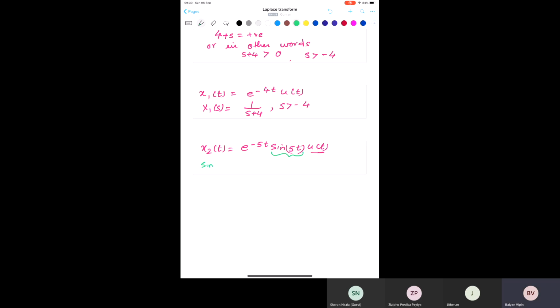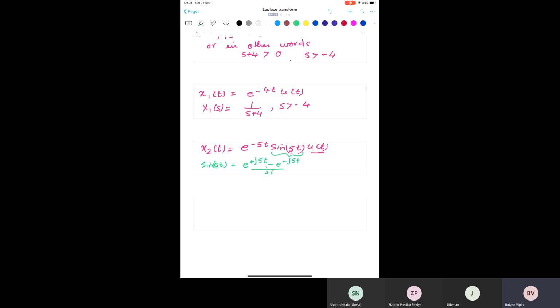So if you remember your Euler's identity, it is equal to e raised to j5t minus e raised to minus j5t, over 2j. If we have a cos, then this thing becomes positive and there is no j here.